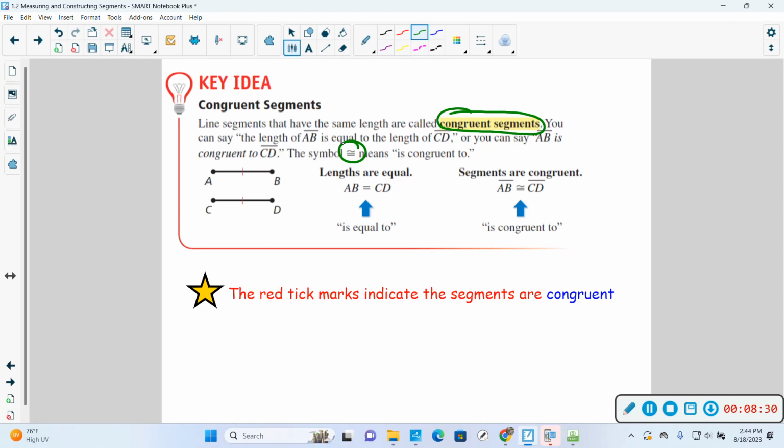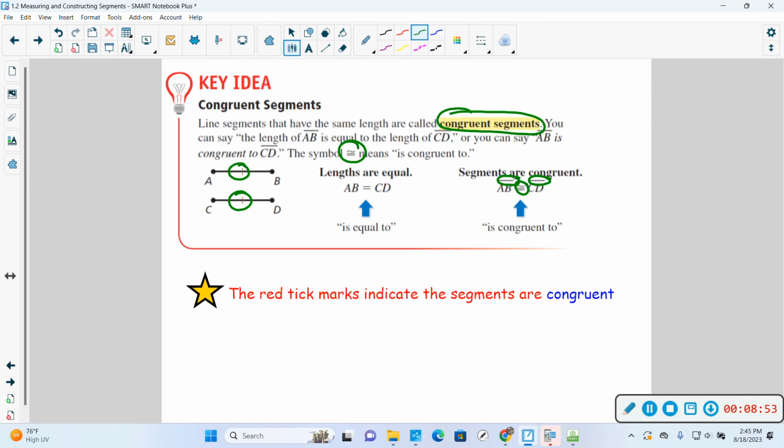All right, a couple things I'm going to point out to you. Mine are in red. Yours are not. Obviously, we don't have color copy machines. These little red tick marks mean congruent. So anytime you see that on a pair of segments, they're the same. Be aware of that. All right, notation. I'm going to start on this congruent side. Notice your congruency symbol, the squiggly. You have to have the segment symbols on it.